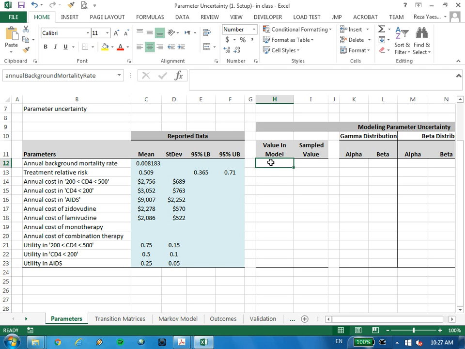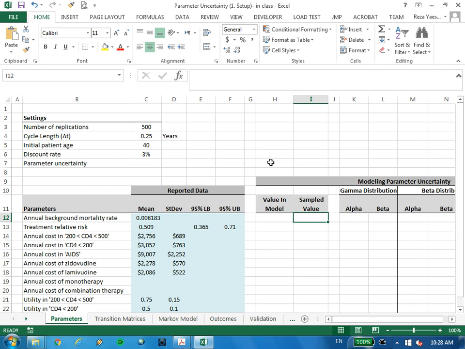The value here is equal to this. This is what we did before. But what I want to do now is to be also able to use samples from the distribution that I'm going to use to describe the uncertainty around this parameter. So we will see again in a minute what's happening.